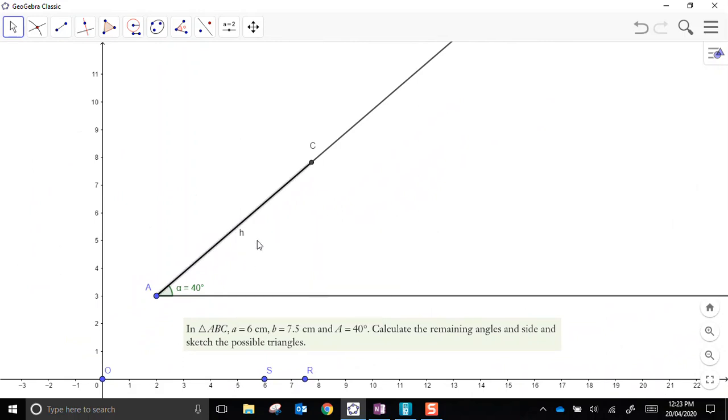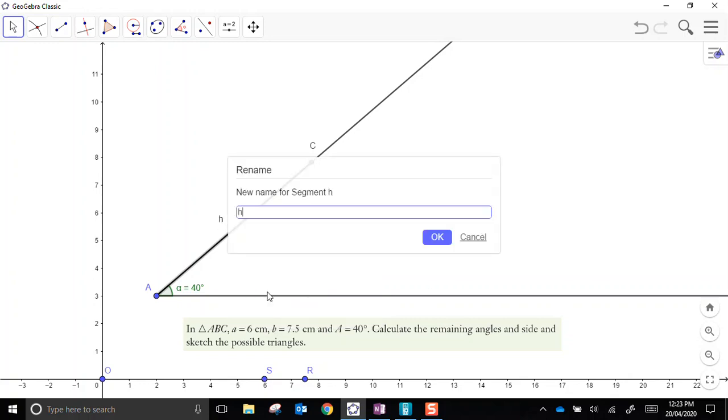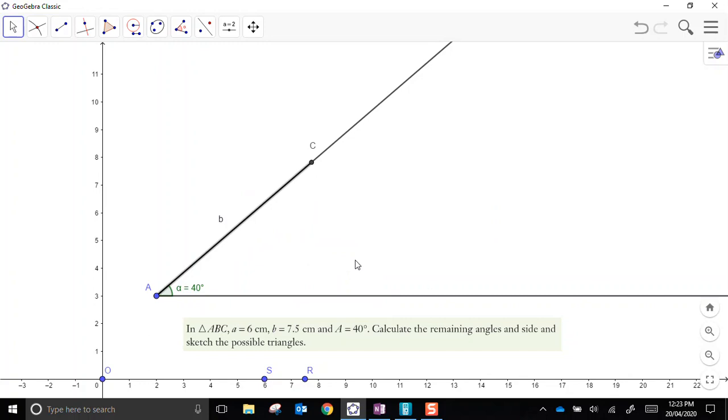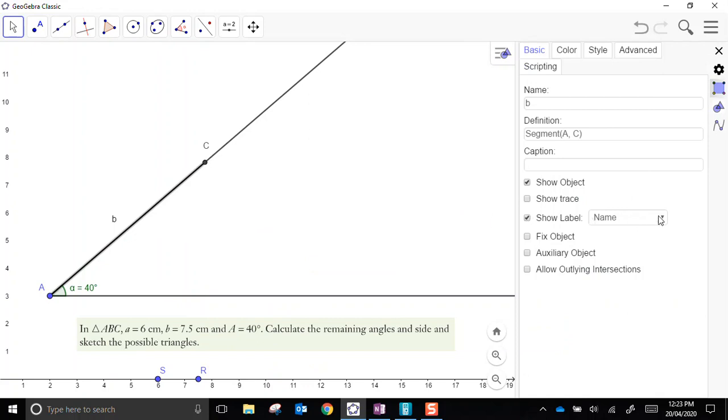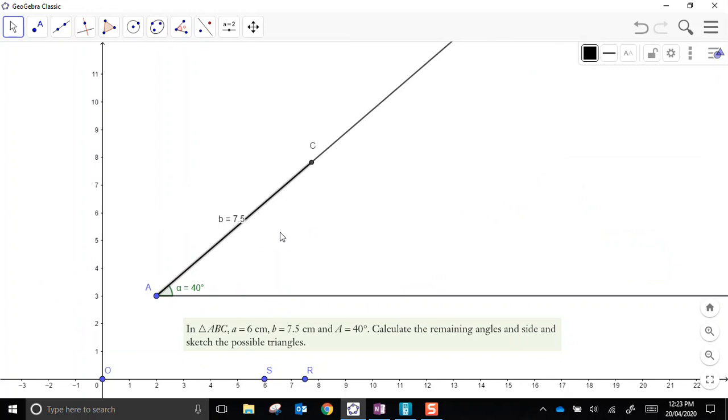I'll show the label for that. Again, it's automatically labelled as just point H. I don't want that. I want to rename that. I think that would be side B. And in fact, if I check the properties of the settings there, I can show not only the name but the value as well. So that's handy.